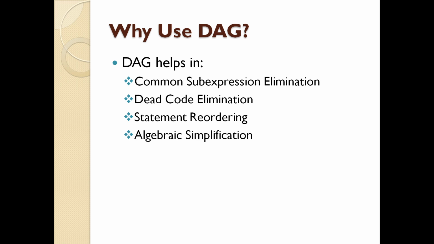Mainly the advantages of DAG are it helps us in eliminating common sub-expressions, the expressions which have already been computed, and dead code elimination. Sometimes some instructions are unreachable. Control never executes them. So dead code elimination, statement reordering, and some algebraic simplifications. So this DAG helps us in eliminating sub-expressions, eliminating dead code, and algebraic simplification.